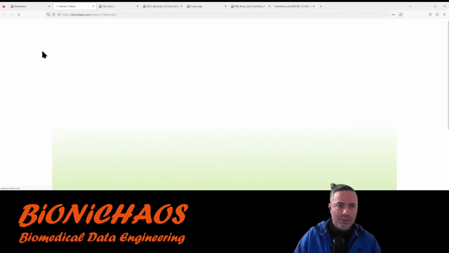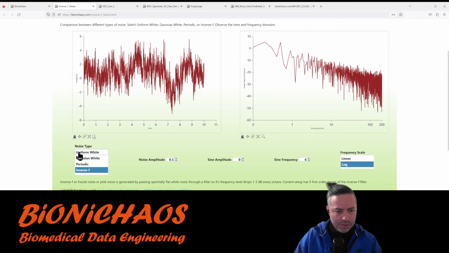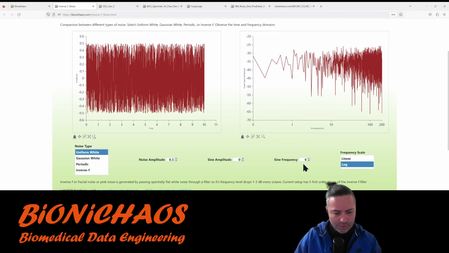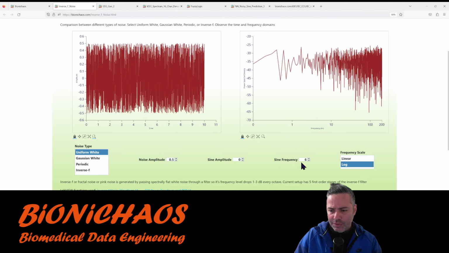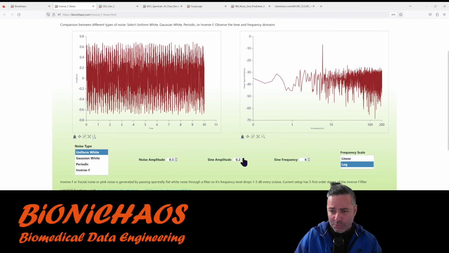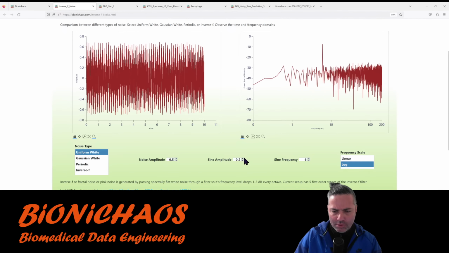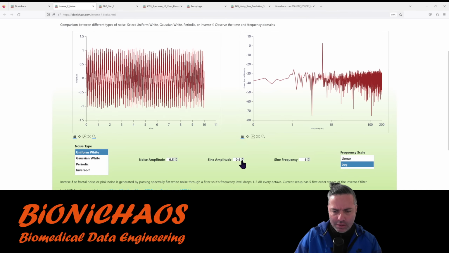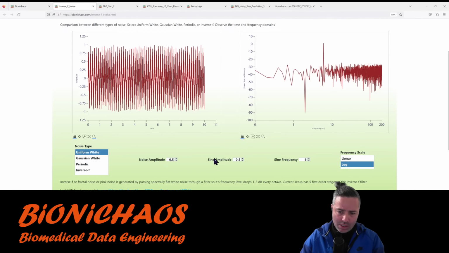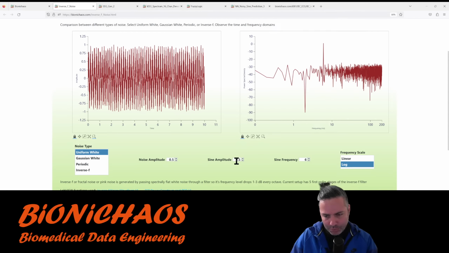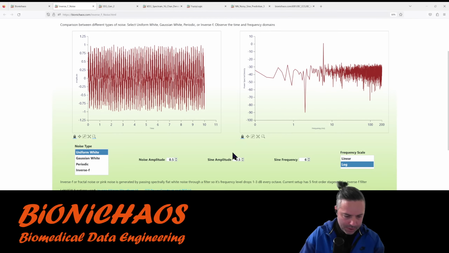So another noise. Because we're talking about noise, there are some examples of noise. So you have your standard uniform white or Gaussian white. If we have some sort of signal in the mix, the increment there is 0.2, probably should turn back to 0.1, but you can manually enter the number that you want.